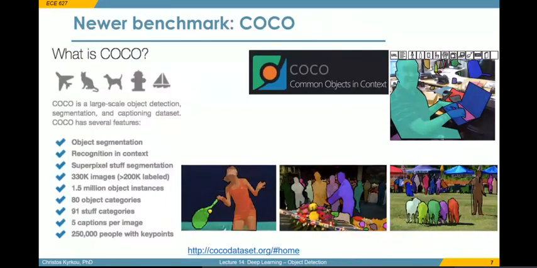Another benchmark that is more recent, that was initially developed by Microsoft, and now it's open source, is COCO, which stands for Common Objects in Context. And the main difference with the previous dataset is that it now shows objects in a much smaller portion of the image, along with other objects and a lot of background in the image.